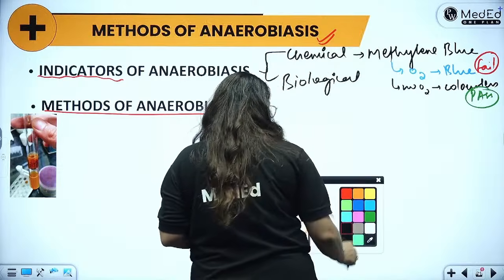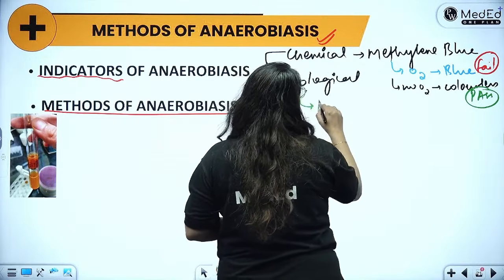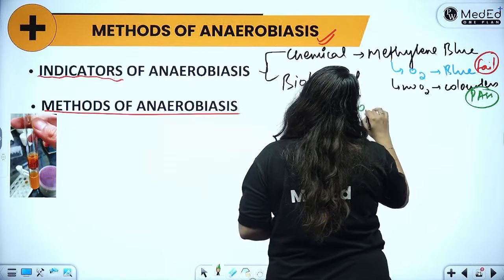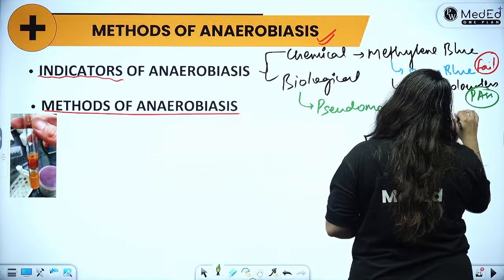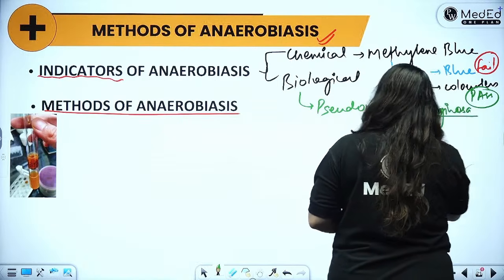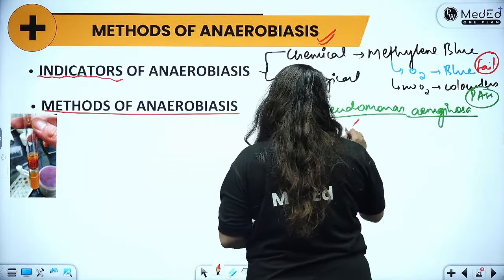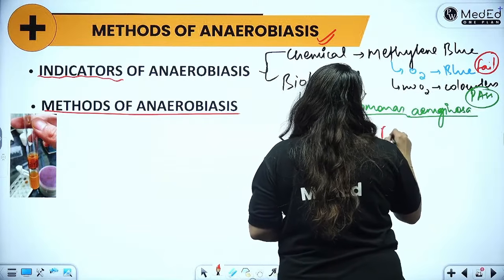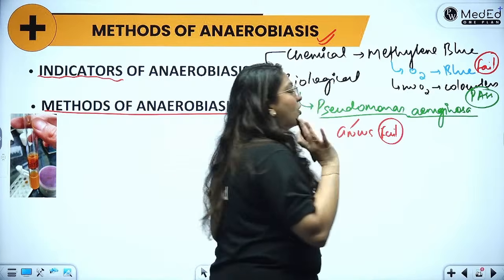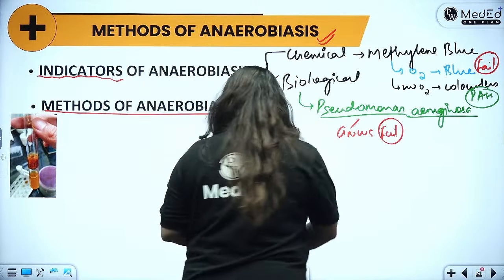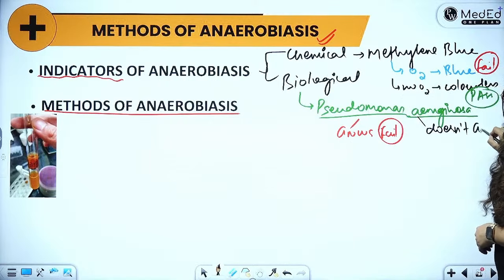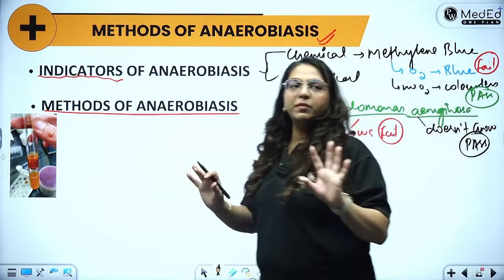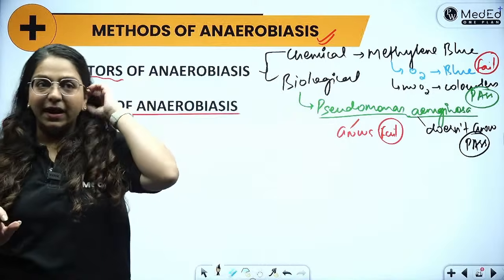Who's the prototype of aerobicity? It is Pseudomonas aeruginosa. The name itself says aeruginosa, it loves air. So if Pseudomonas aeruginosa grows, that means I have failed. From somewhere oxygen has entered inside the test tube. If Pseudomonas aeruginosa doesn't grow, there is no growth, that is telling me that I have in fact passed, because that means total perfect anaerobiasis was achieved inside my system.